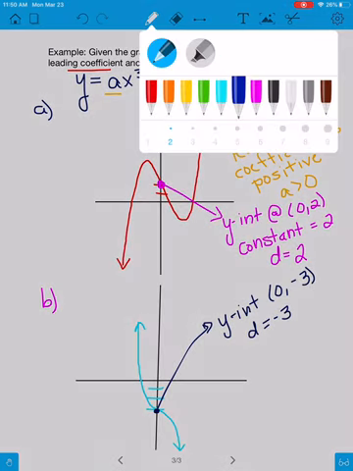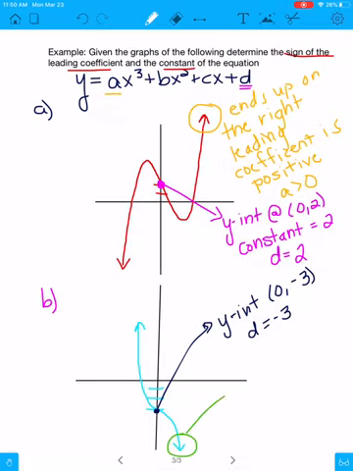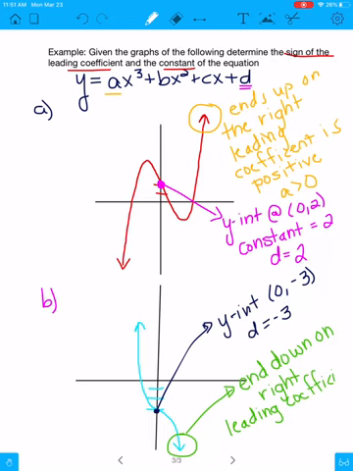I also end down on the right, so my leading coefficient is negative. A is less than 0. Alrighty? Last thing to go over.